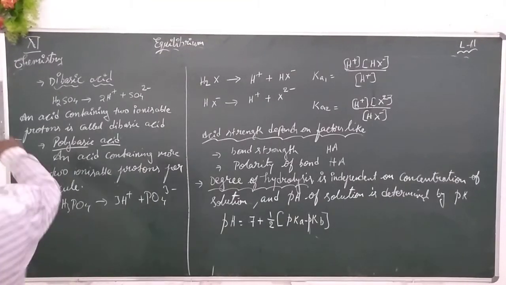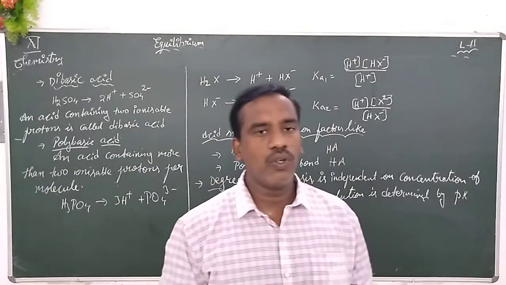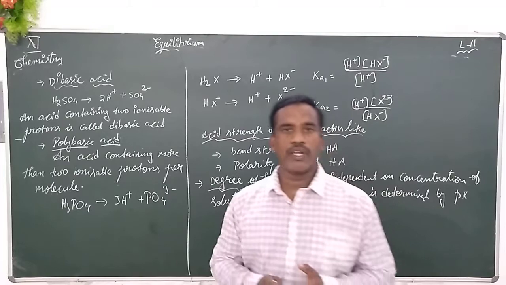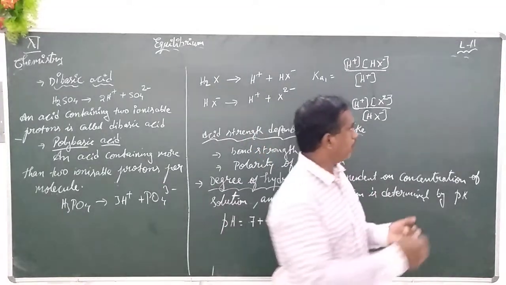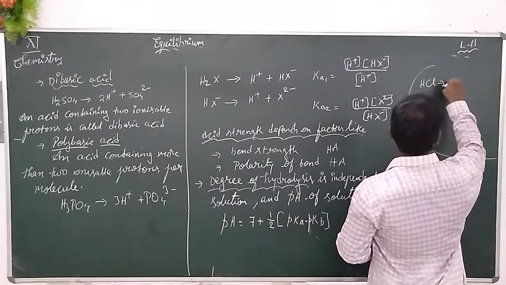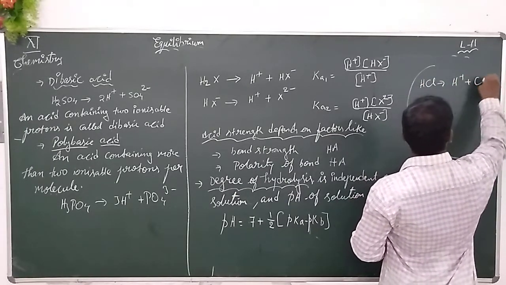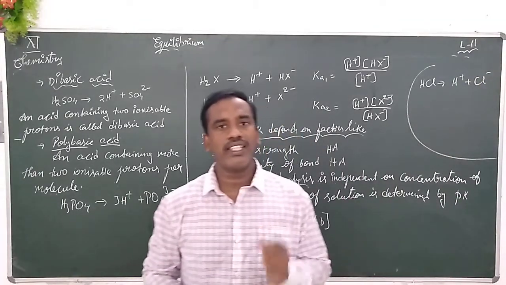Here is a continuing concept. For example, we generally know hydrochloric acid, hydrobromic acid or any acid. Taking HCl in general, on dissociation it will give H plus and Cl minus, meaning that the acid was able to produce one H plus ion.